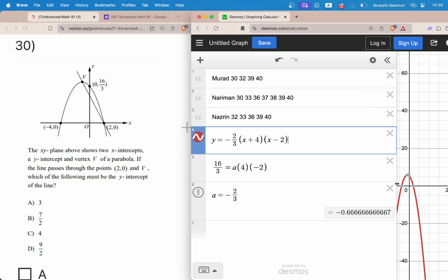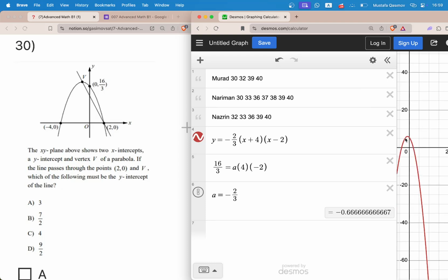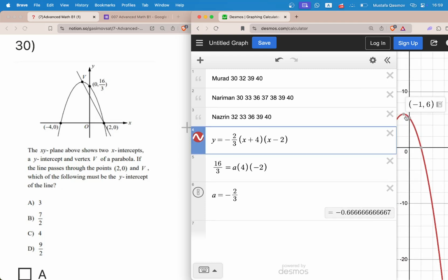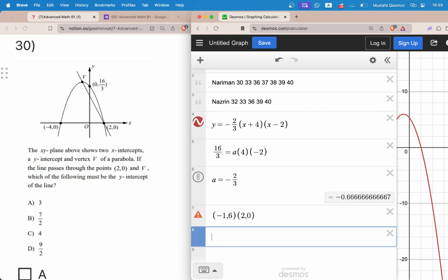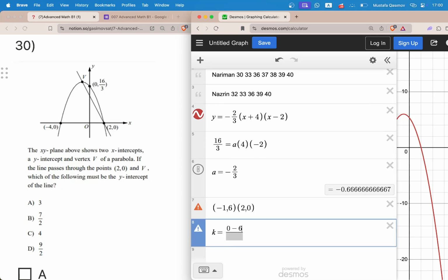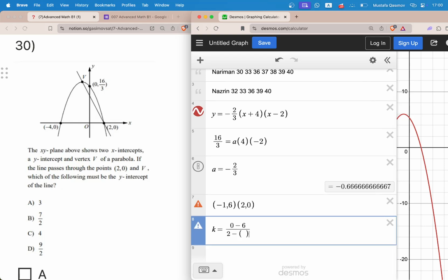Then we have to find this vertex point. Let's find it from its graph. So it is negative 1 and 6. And we have this point 2, 0. Then from here we find the slope. Slope is equal to 0 minus 6 over 2 minus negative 1.